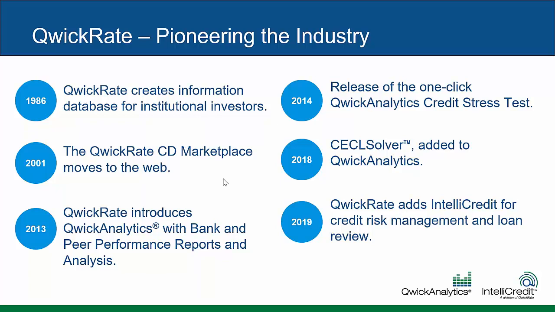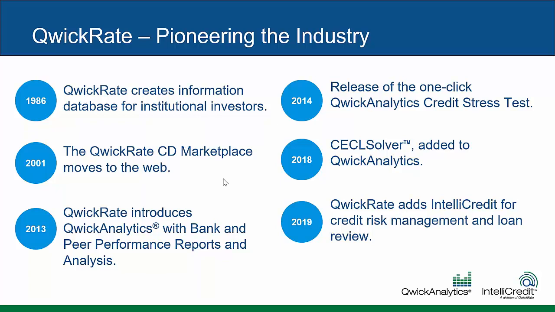From a historical point of view, we always like to joke that in some ways we were a very early fintech when we moved the QwickRate CD marketplace to the web in 2001. In 2013, we introduced QwickAnalytics and have continued to update that offering since then. In 2018, we introduced a CECL solution as part of our QwickAnalytics offering.